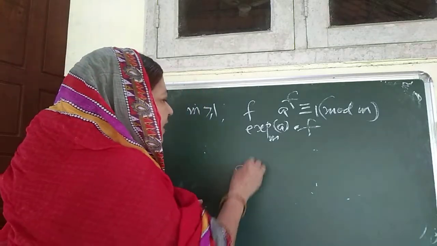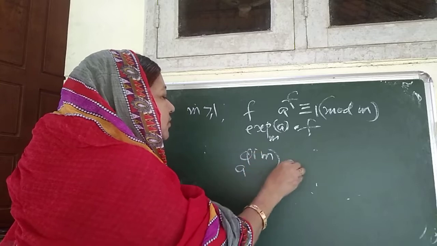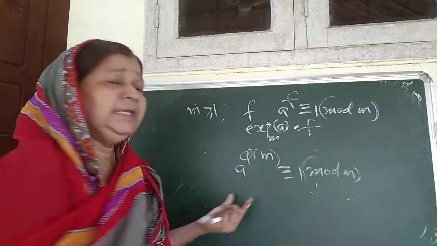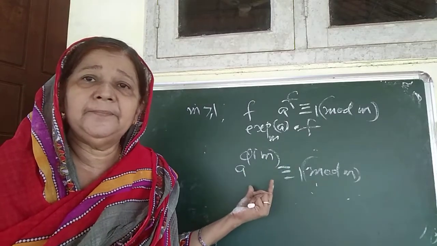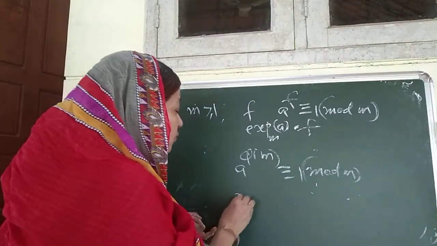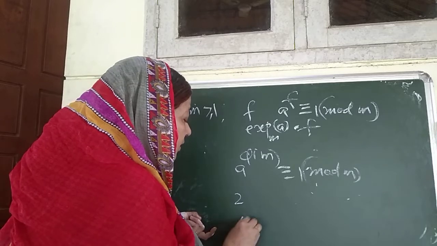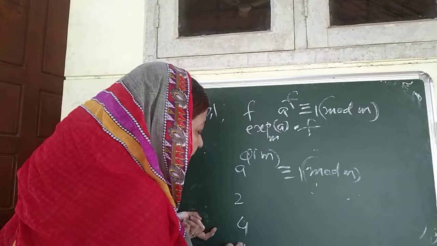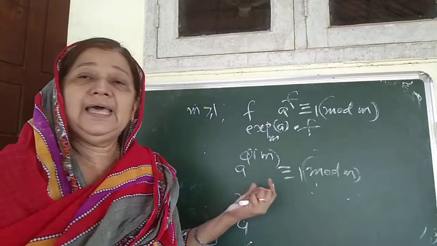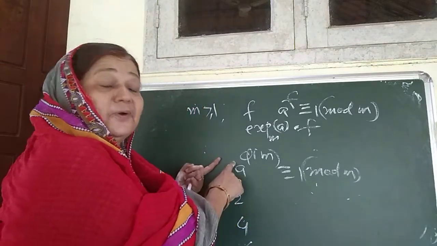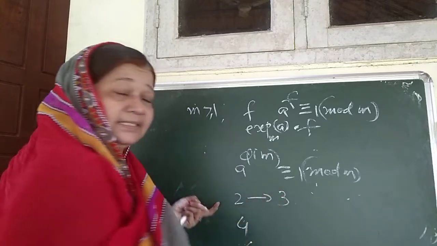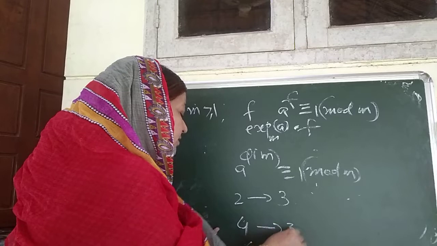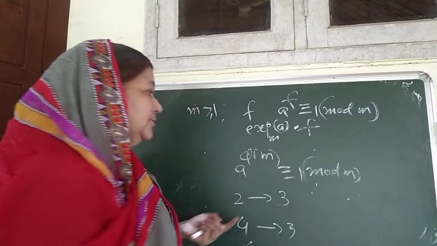Euler's theorem, we know a raised to phi of m is congruent to 1 modulo m. Here we see that so many numbers, say 2, 4 and 6, have divisors as the exponent. 2 has 3 as the exponent, 4 has also 3 as the exponent, but 6 has 2 as the exponent.